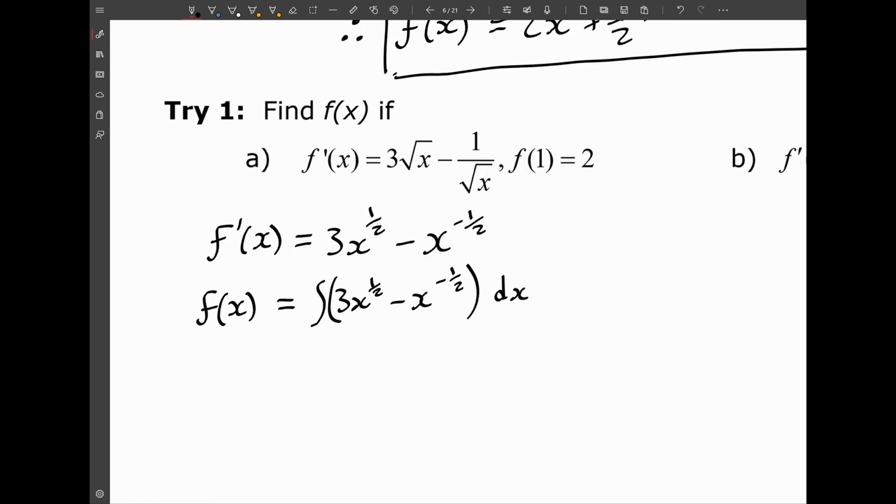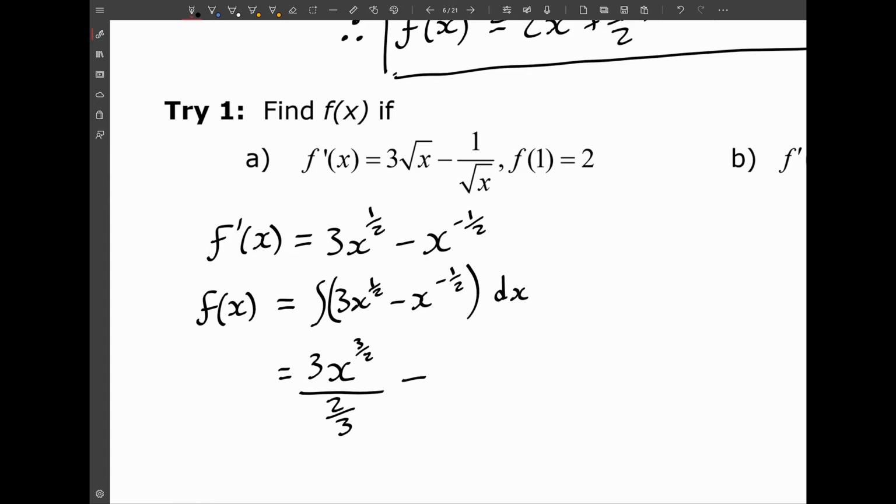Which is equal to, okay, I'm just going to use the same patterns that we've done before. If I add 1/2 plus 1, that's 3/2. So it's going to be x to the 3/2, and we're going to be dividing that by 2/3. Man, my pen is really laggy right now. I'm sorry about that.